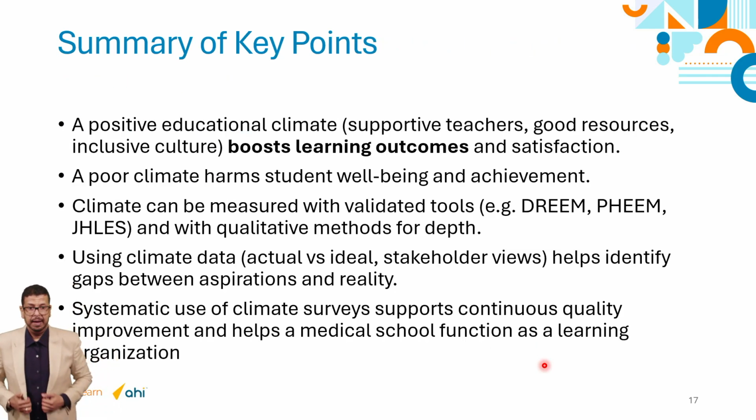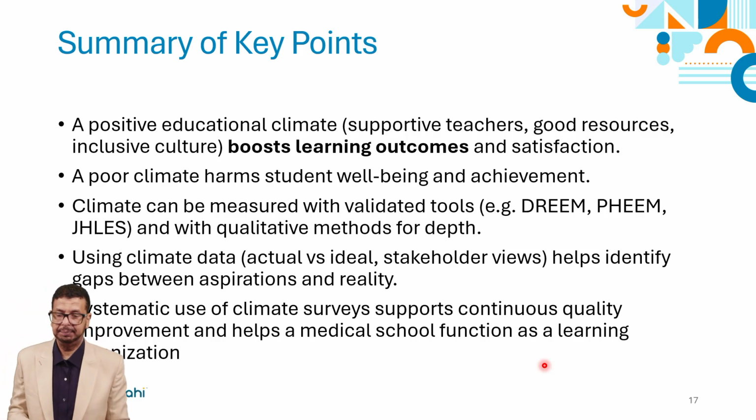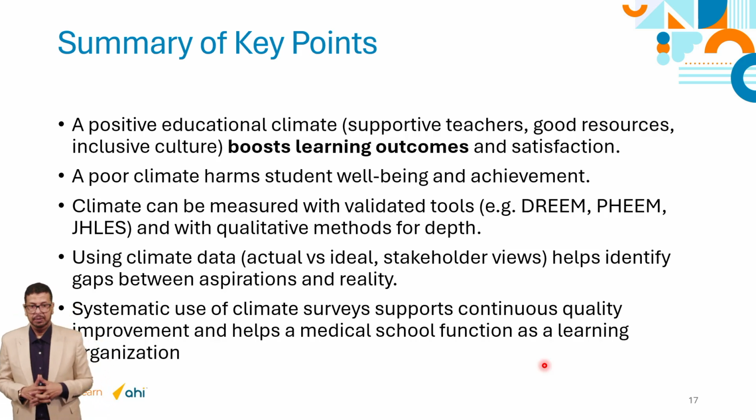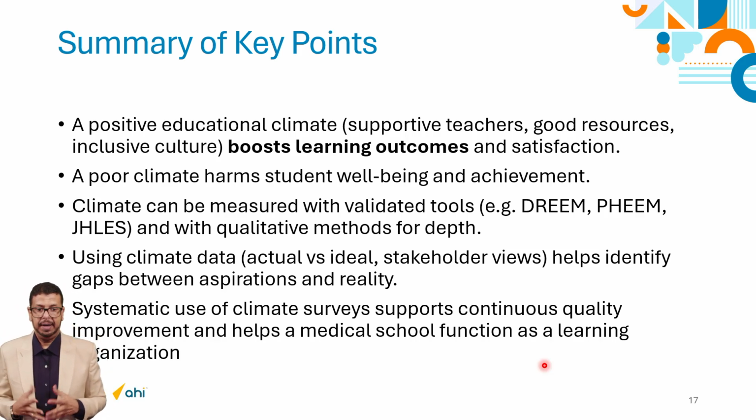In summary, a positive educational environment, with supportive teachers, good resources, and an inclusive culture, boosts learning outcomes and satisfaction. On the other hand, a poor climate harms students' well-being and achievement.